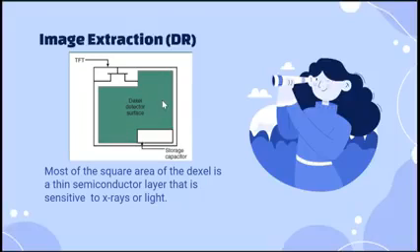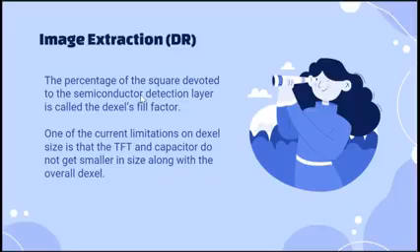Okay, however, the percentage of the square devoted to the semiconductor detection layer is called the Dexel's fill factor. Okay, one of the current limitations on Dexel size is that TFT and capacitor do not get smaller in size along with the overall Dexel.